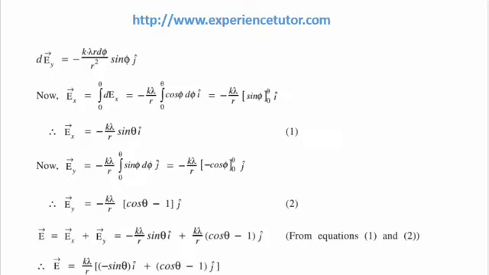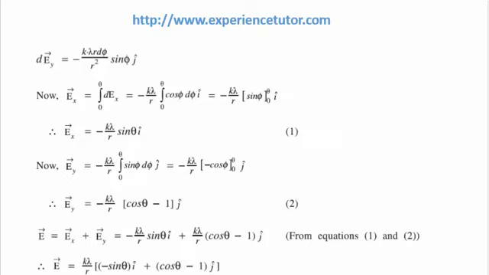Now Ex = integration from 0 to theta of dEx = minus k lambda/r integration 0 to theta cos phi d phi i = minus k lambda/r sin phi from 0 to theta i. Therefore, Ex = minus k lambda/r sin theta i.